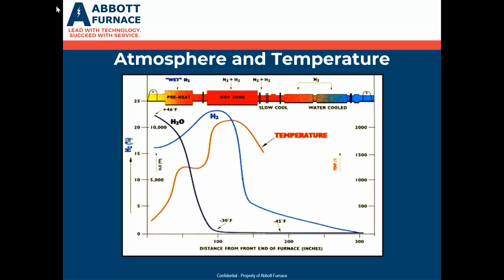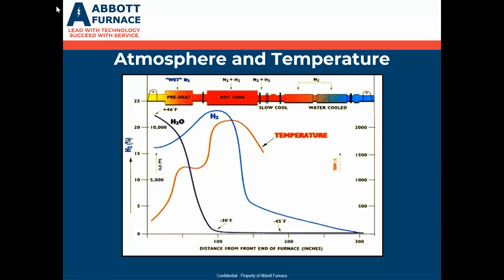You can see the red line as it makes the dip there from the preheat box into the high heat box, where there's no heating elements between the two boxes. Our temperature drops off a little bit, and then as we enter the high heat, it's starting to increase. So now, as our temperature is increasing in the high heat to get us up to temperature to bond those particles, we have to have a very low dew point because we don't want to get any oxidation on those particles.